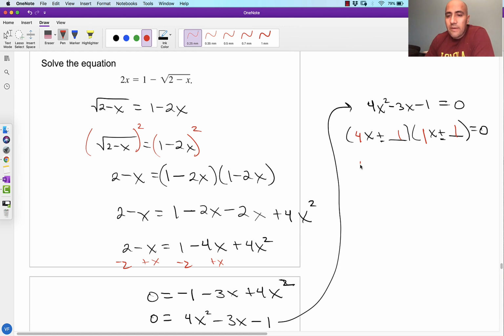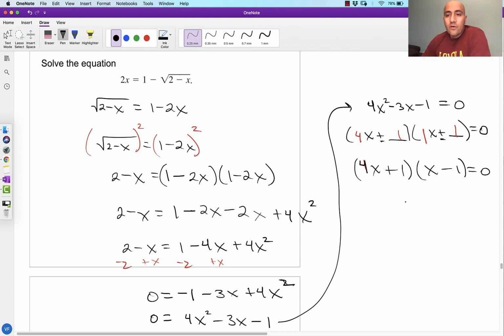So again, just by guessing and checking different things, I think that the one that will work is going to be 4x plus 1 and then x minus 1. It's just a guess, so let's check it. That'll be 4x squared minus 4x plus x. That'll give me that minus 3x and then minus 1. Good. So guessing and checking worked, because the numbers are so easy.